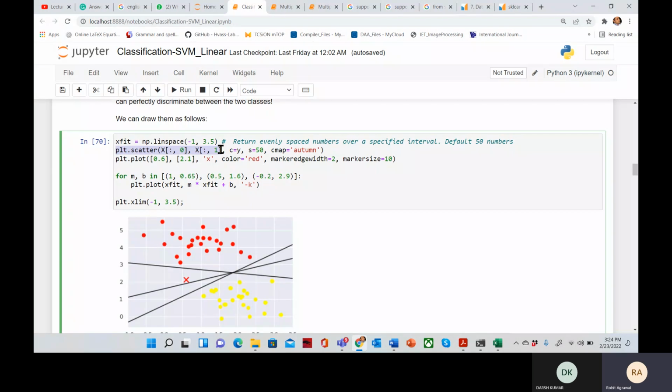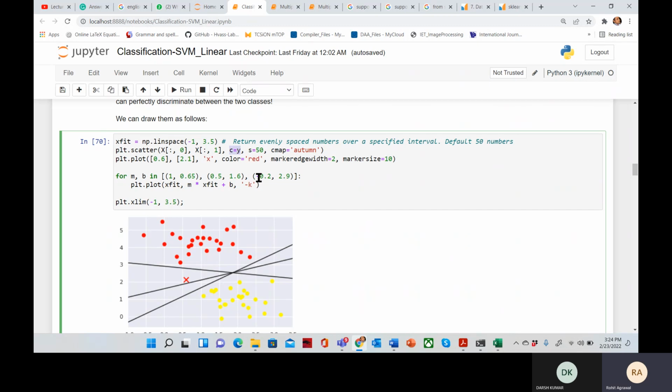X values we are visualizing, and in the last lab if you remember we are using C equals to Y. What does it mean? In the last lab we discussed C stands for color. Color, it is an array.